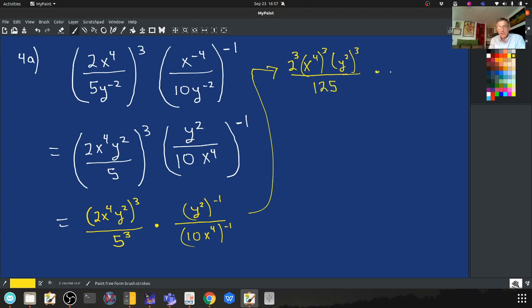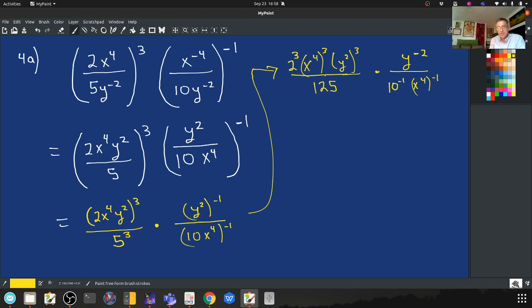And over here, I'm just going to go ahead and use here y squared to the minus 1 is y to the minus 2, because 2 times minus 1 is minus 2. Here, this is again the power of a product rule. 10 to the minus 1 times x to the fourth to the minus 1.